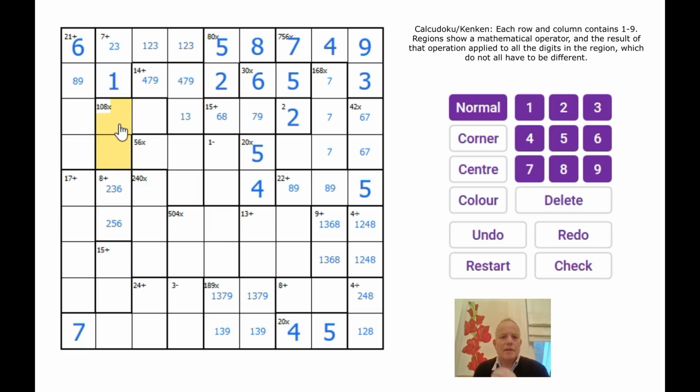Does this tell us anything about this 108 box? It's got to have 4, 6. Can't have 7. I don't think that goes into 108. 4, 6, 8 or 9. But that's 12 times 9, isn't it? 108.